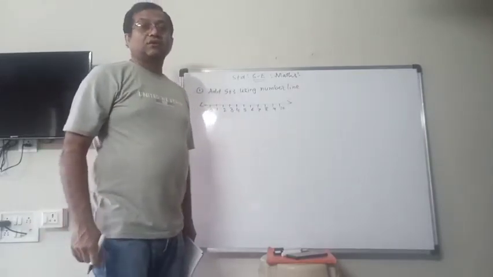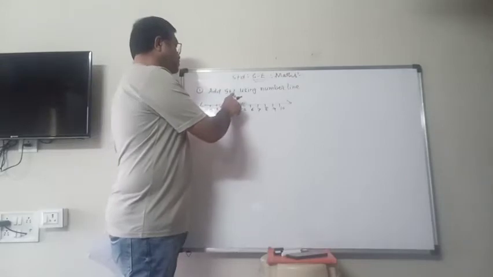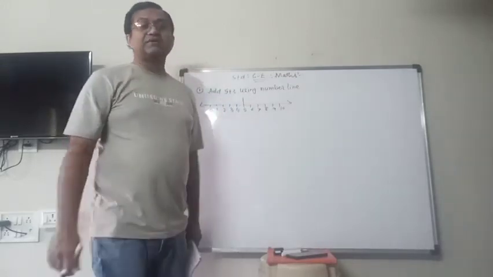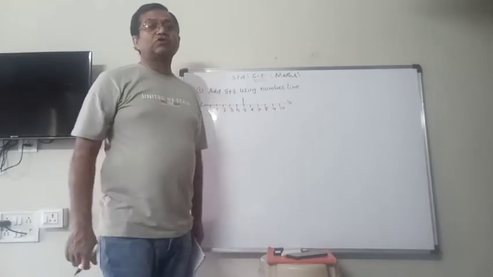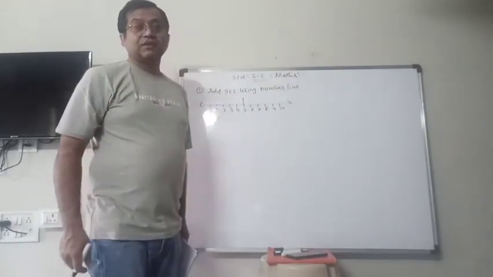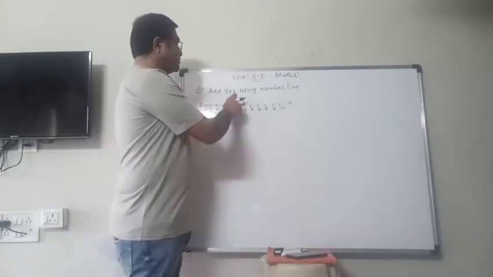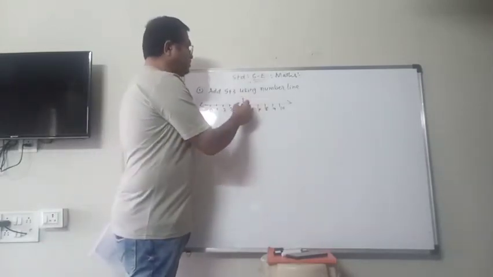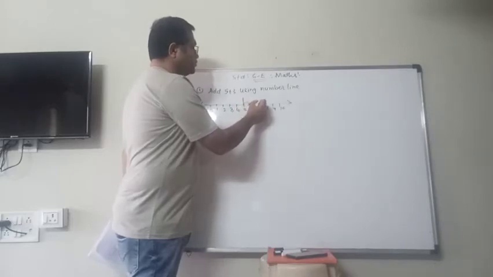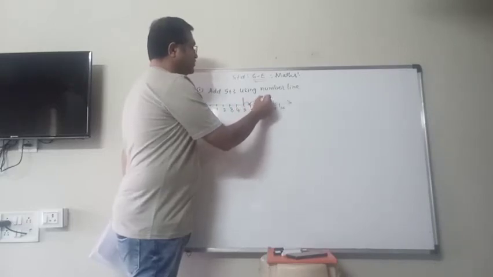Now we have to start from 5, and we know that when we add, we have to move towards the right side. How many steps? 3 steps, because 3 we have to add. So we do like that: 1, 2, and 3.